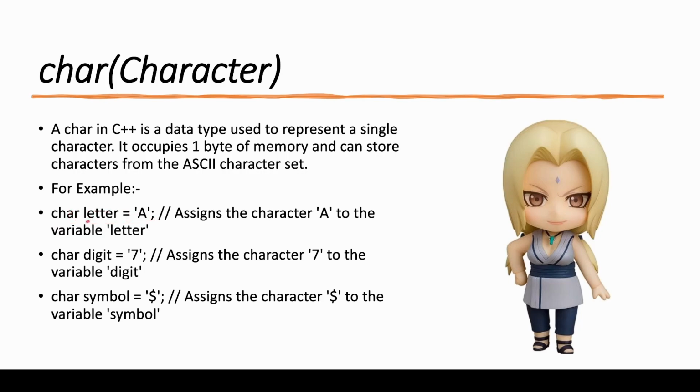That letter, which is the variable, will store a in it, and char defines the data type. So here I write that assign the character a to the variable letter. So a will be assigned into letter. Likewise, 7 will be assigned into digit, and likewise this symbol will be assigned into the symbol variable.